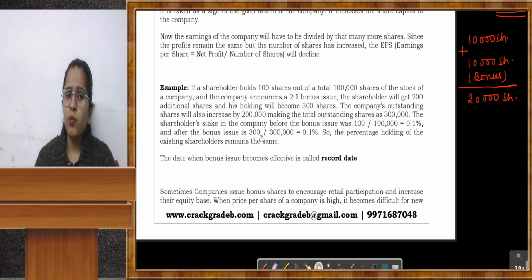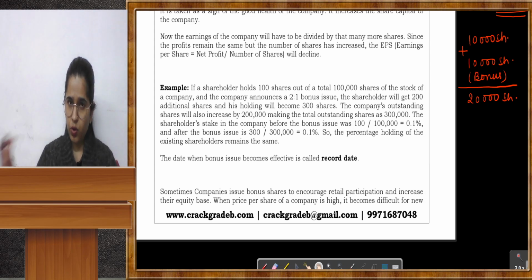And after bonus issue also, the shareholding remains the same. So they want to prove the point that post bonus issue of shares, there is no change in the percentage holding of the shareholders.